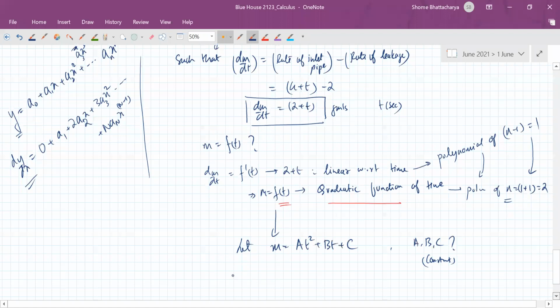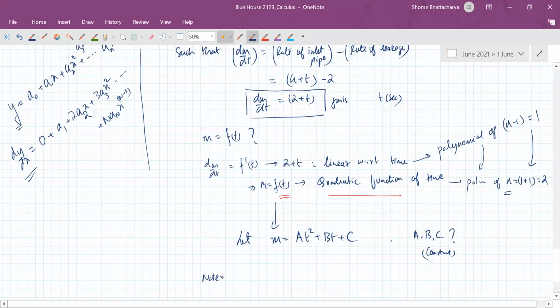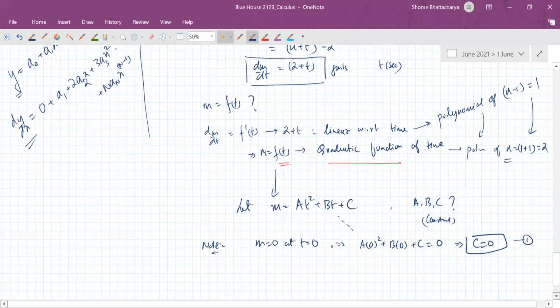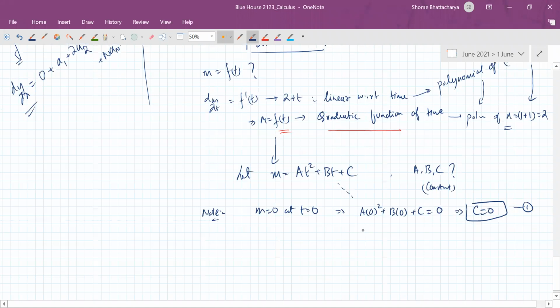So what is the first piece of information that we can use? It is that mass was 0 at t equal to 0. So substitute this information in this function. So a into 0 square plus b into 0 plus c should be 0. So that means c should be equal to 0. Okay. Now m is equal to at square plus bt because c is 0.